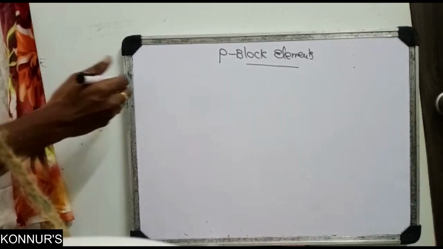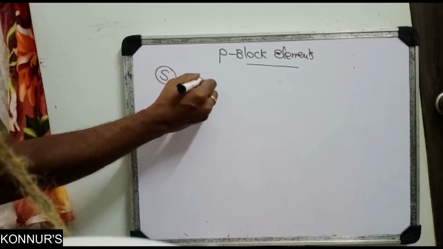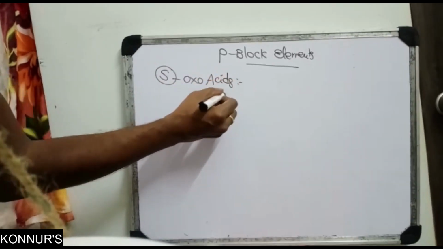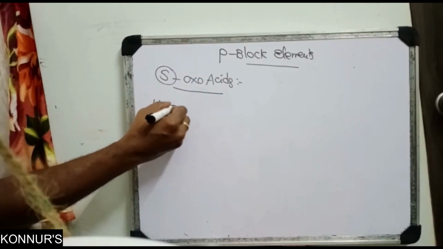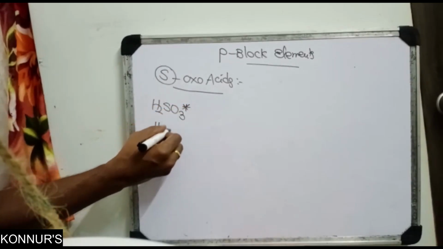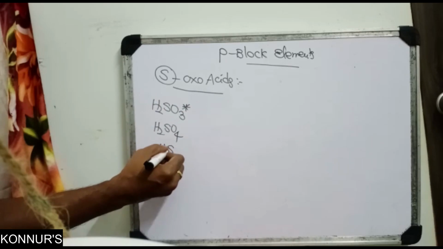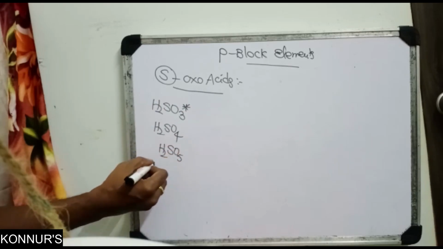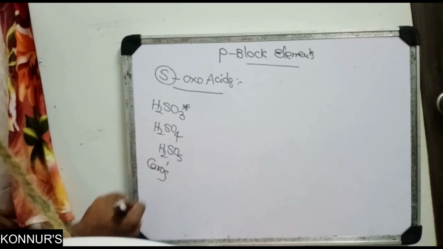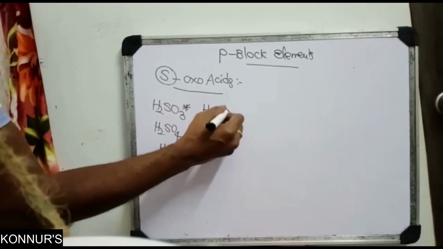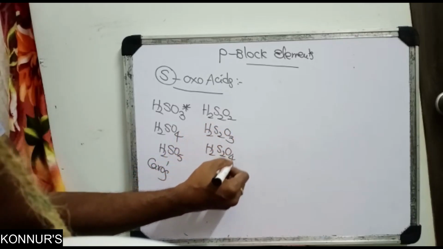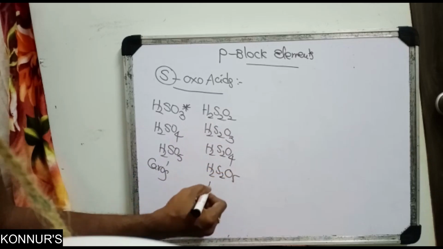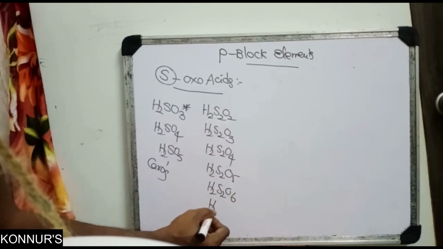Next, we will discuss sulfur oxoacids. See, already we have seen what are those. H2SO3 sulfurous, H2SO4 sulfuric, H2SO5 peroxymonosulfuric, you call it Caro's acid. Next, H2S2O2, H2S2O3, H2S2O4, H2S2O5, H2S2O6, H2S2O7, H2S2O8.